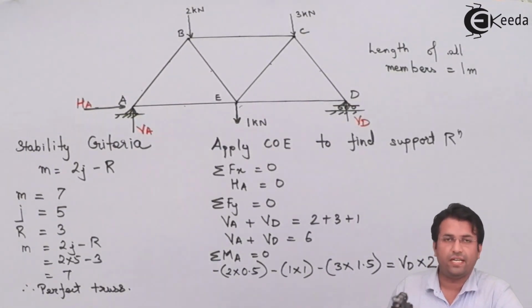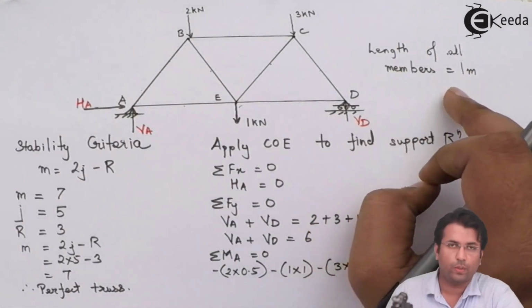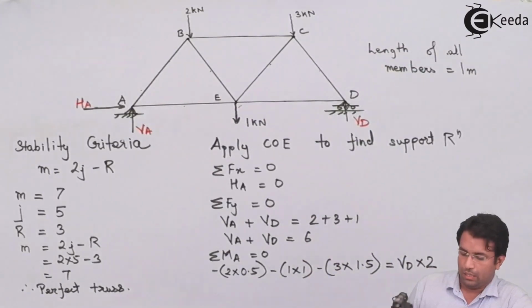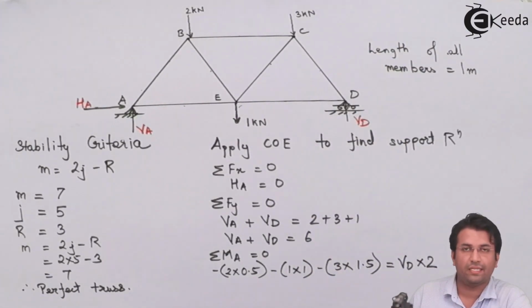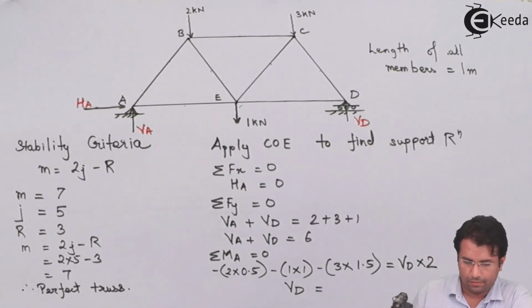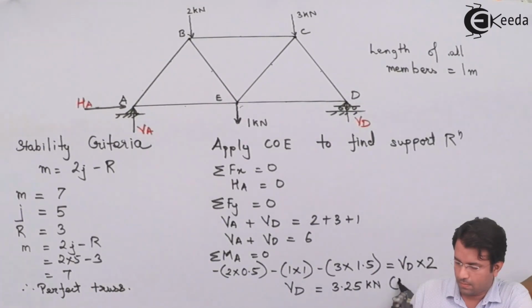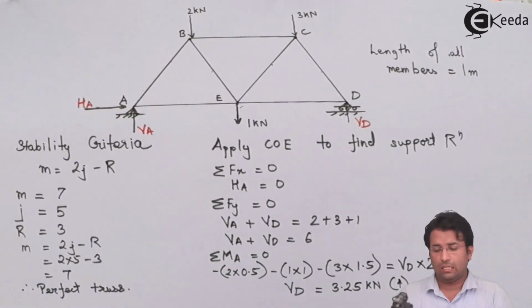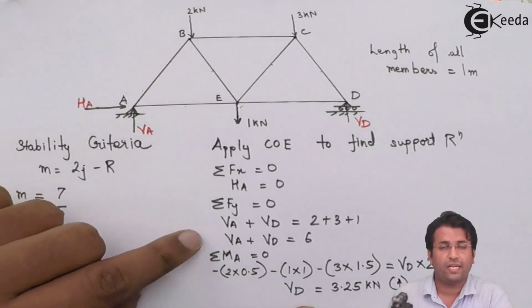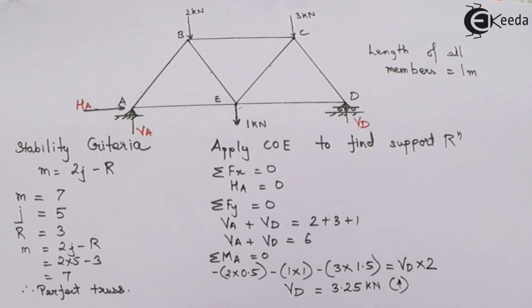Now what I have done is I have written the moment equation. The length of each member is 1 meter. Now I need to find out the support reaction at D. So doing this calculation, I can find out VD. Now if I put this value in the summation Fy equation, I can find out the value of VA.